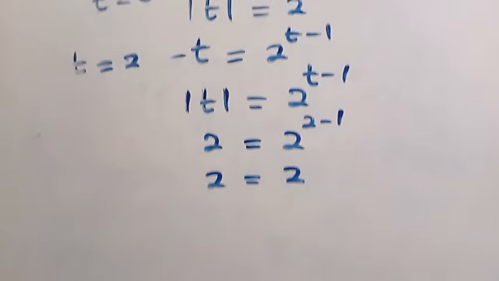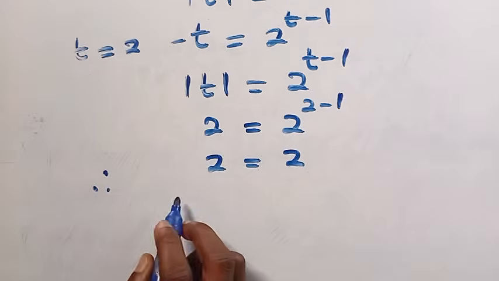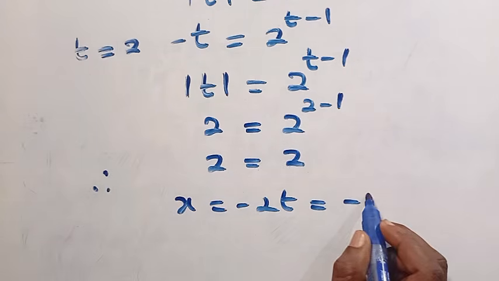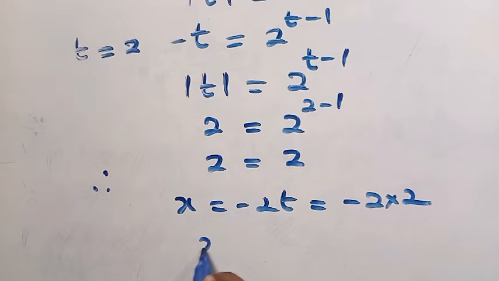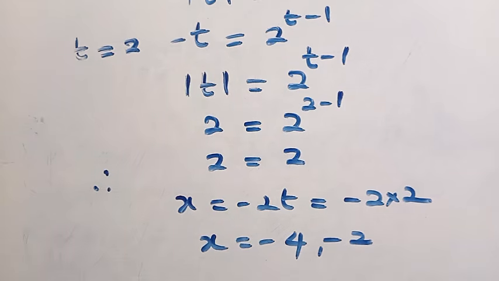So t equals 2 also satisfies. Therefore, from where I let x equals minus 2t, we have minus 2 times 2, that is x equals minus 4. Initially, we got x to be minus 2, and this is also x equals minus 4. Both of them satisfy this problem.